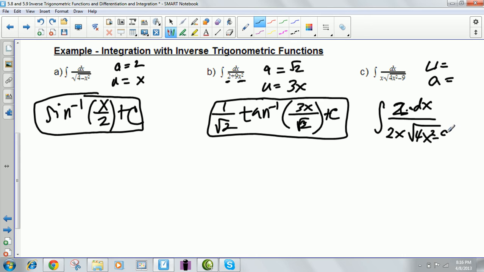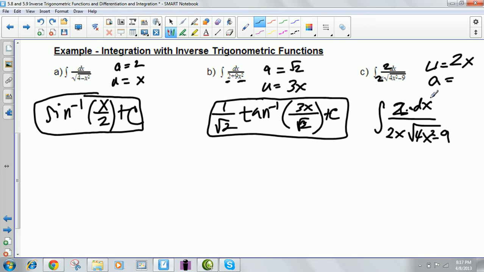So now what we have to do is multiply the top and bottom by 2. This is a 2 times dx on top, all over 2x times the square root of 4x squared minus 9.